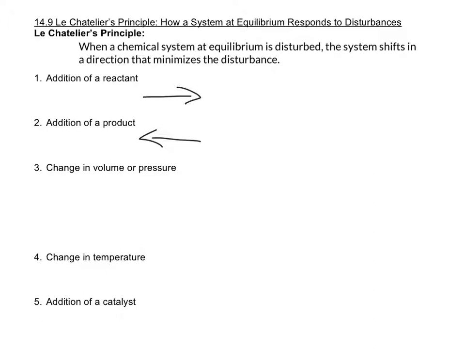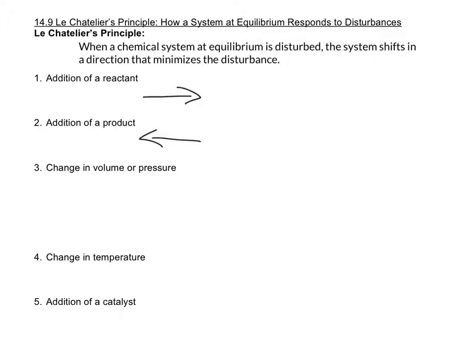So if we have more gas molecules in the reactants, then a change in pressure or volume is going to be most felt on that side of the equation. And if it's more molecules of gas on the product side, that side will feel the bigger change.